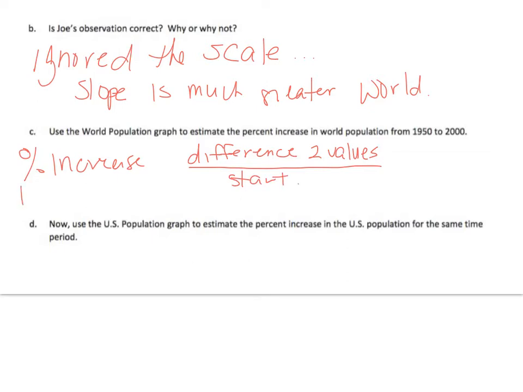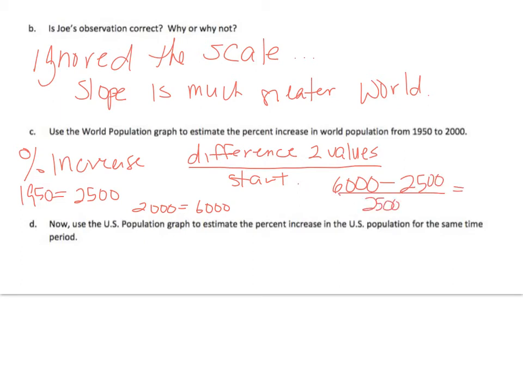In 1950, we're going to use 2,500 million, and in year 2000, we're going to use 6,000 million. So if I do the year 2000 value minus 2,500, that's my difference, over 2,500, I get 140%. I have to change that decimal into a percent.